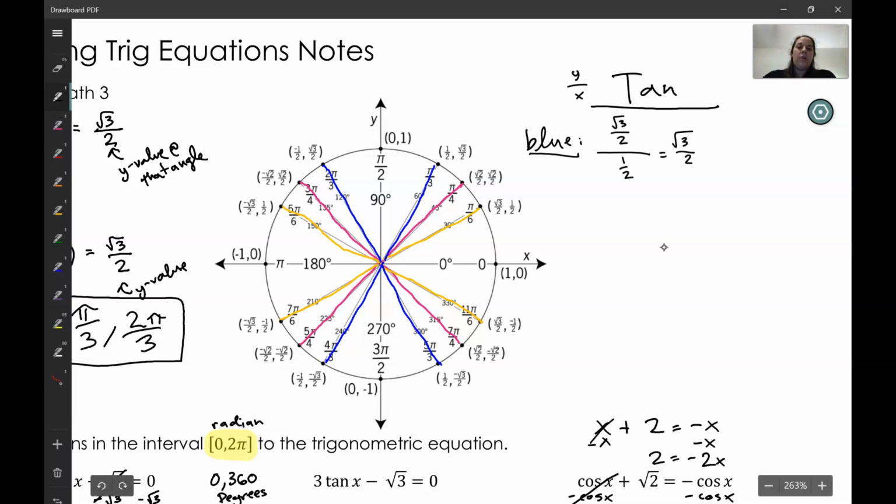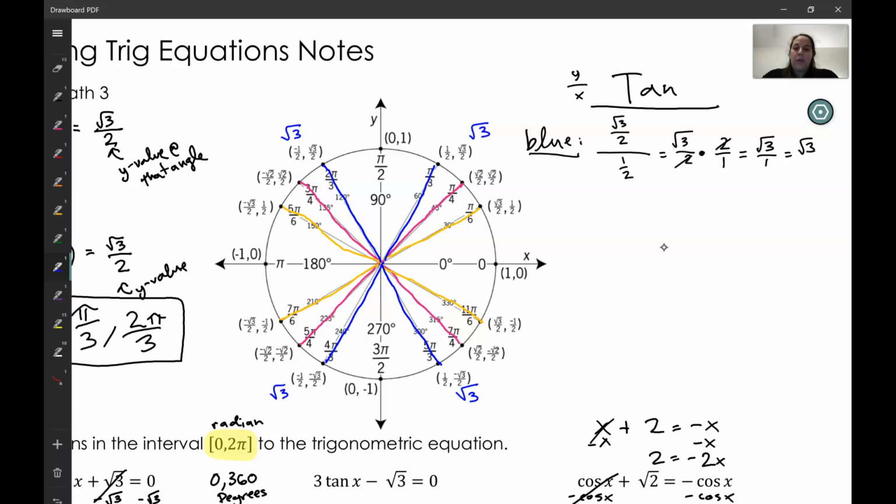Leave the numerator, flip the denominator, change that division fraction to multiplying. My 2 on top and bottom cancel, so I'm just left with root 3 over 1, which is just root 3. So that means the tangent value for all these blue lines is going to be root 3.